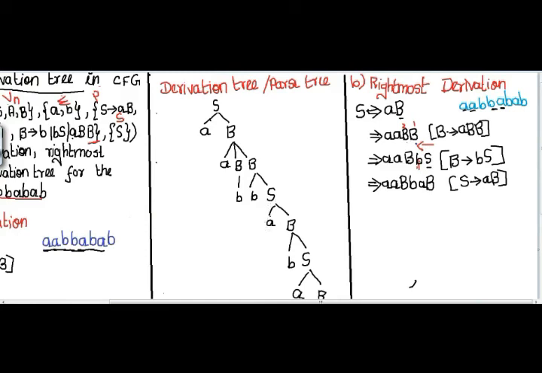Now the next character I need is B. So I'm going to check the B production. If I choose B tends to B, I cannot proceed. Hence I'm going to choose B tends to BS. The same thing is substituted in this diagram, B tends to BS, and I'll substitute B tends to BS in this derivation as well.